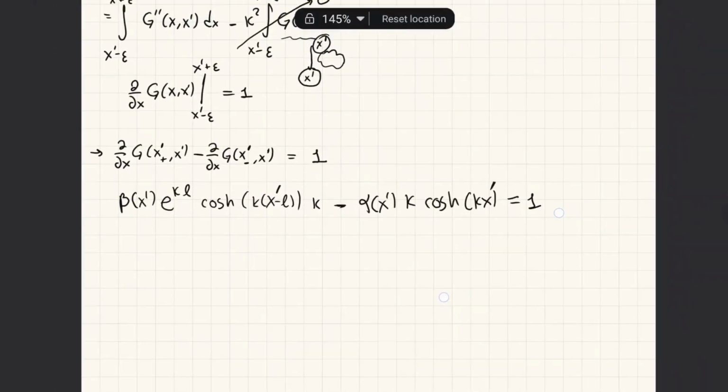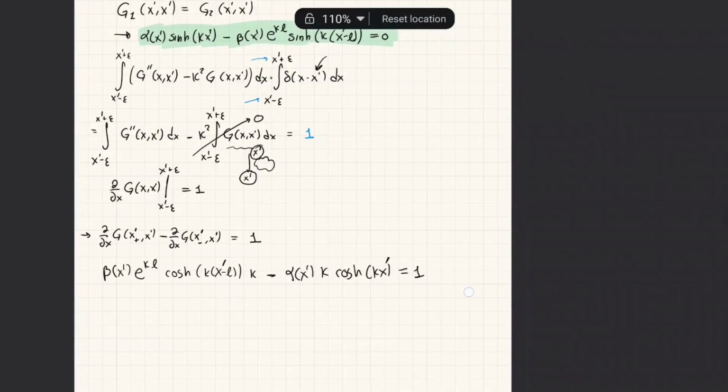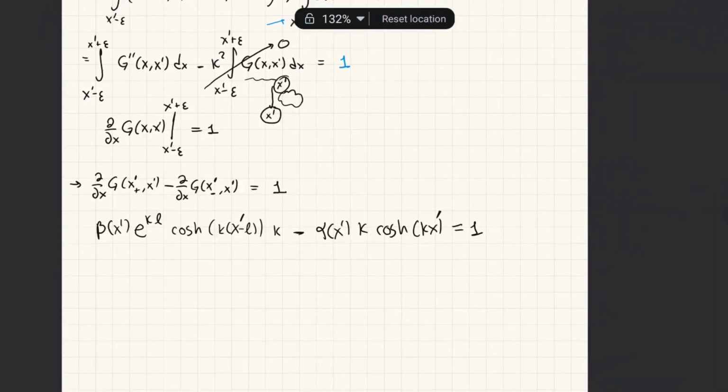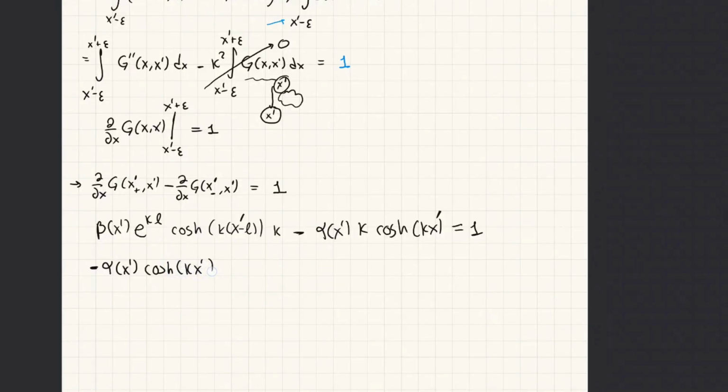Okay, so with this, we can construct the second equation of our system of equations. So we will have minus alpha of x prime cosine of kx prime, and then plus beta of x prime cosine, well, e to the kl cosine of k times x prime minus l.